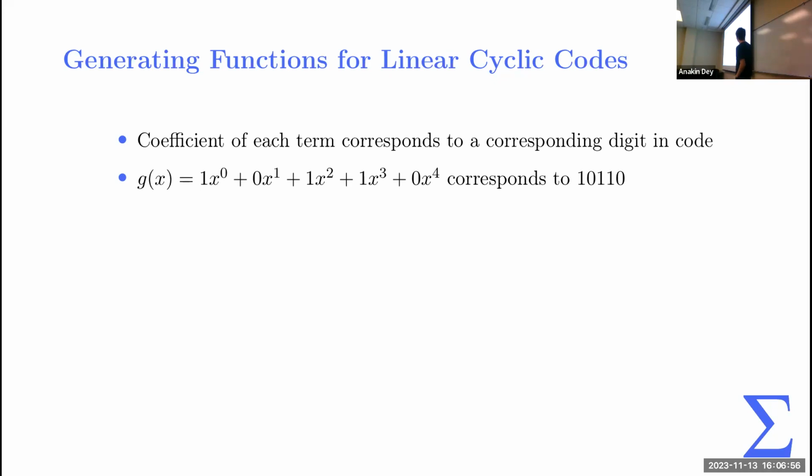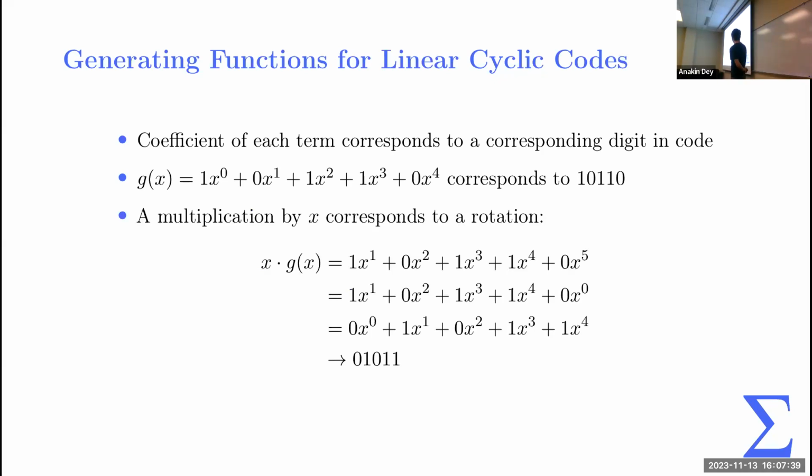We take the coefficients of some polynomial that has some degree, in this case 4, and each is either a 0 or 1. If it's a 1, we have a 1 in the corresponding spot of our code. If it's a 0, then we have a 0 in the corresponding spot. So we can encode both code words and errors as a polynomial, and we can choose an arbitrary polynomial as a generator polynomial. So we're using polynomials as a generator, which we'll get into, and as both code words and errors.